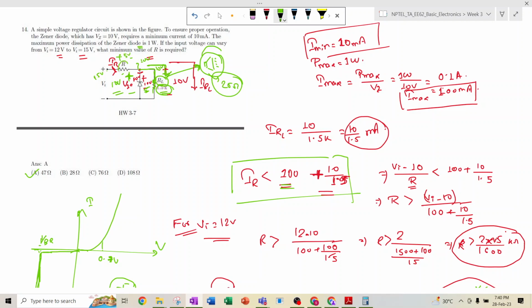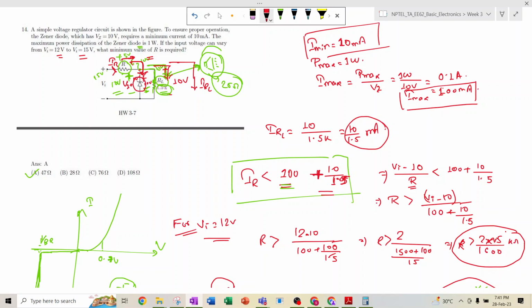Now if we decrease the value of the resistance, the current will be huge, so the current will increase. A fixed amount of current should flow through the load resistance, so the rest of the current should always flow through this Zener diode. But the Zener diode has some limitation, right?